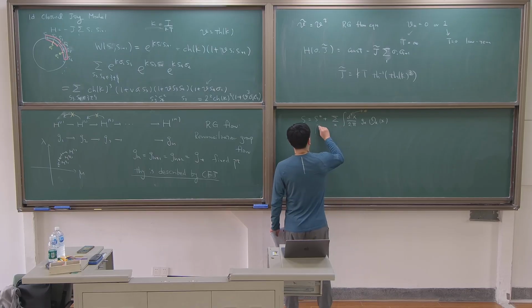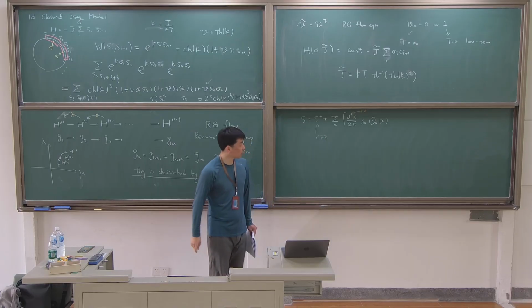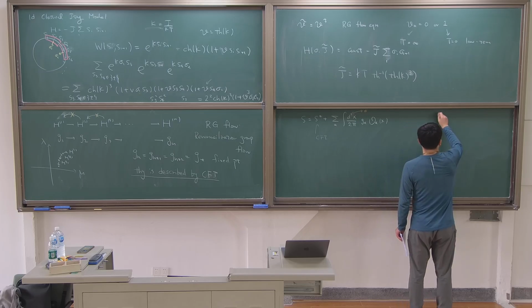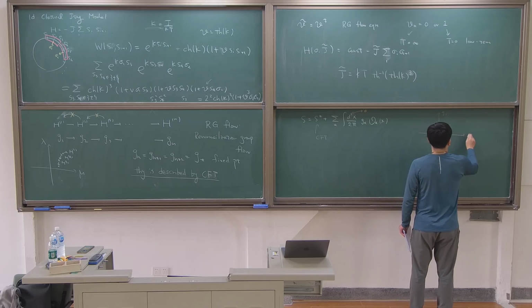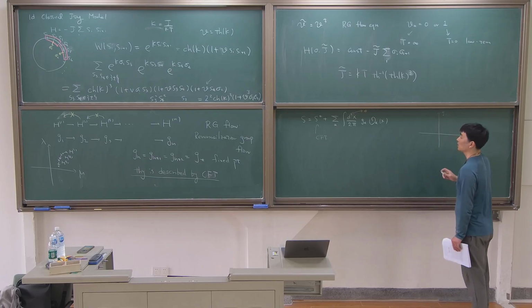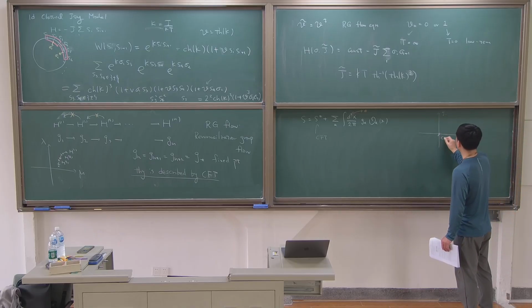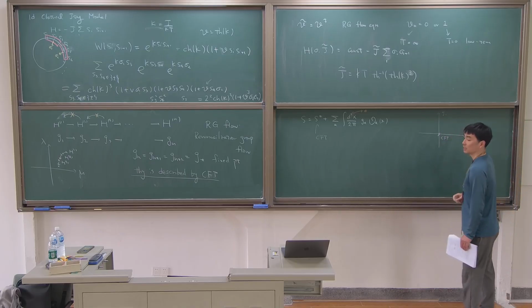So this is the conformal field theory action. Let's consider it. From here, there is a space of the G1 coupling constant, G2 coupling constant, and so on. When G1 and G2 are 0, this point is the CFT.